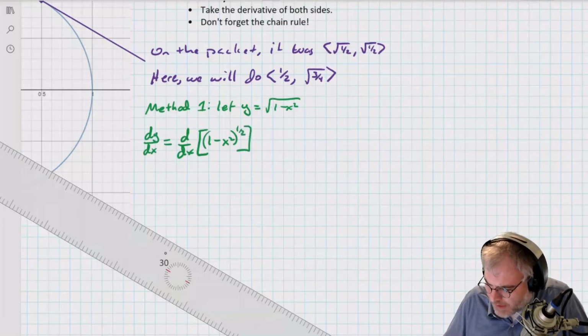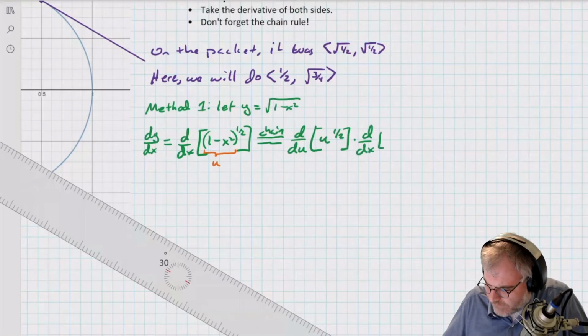So I'm going to let this be my u. And what I'm going to get is I'm going to chain it. And so what I'm going to get is d over du of u to the 1/2 times d over dx of u.